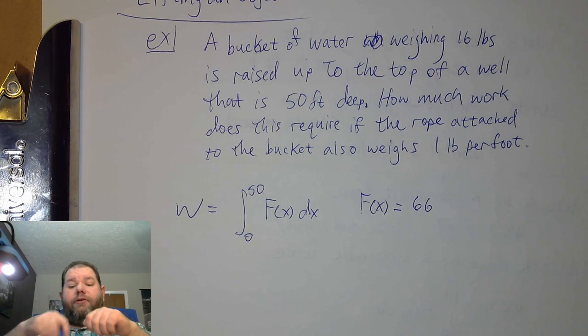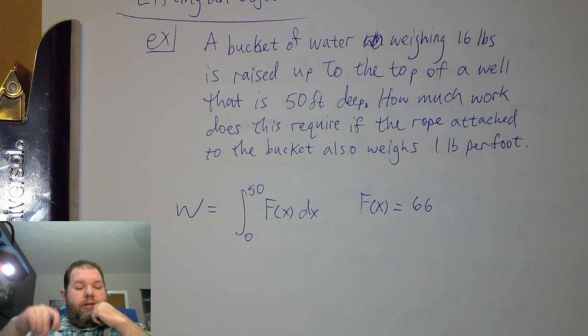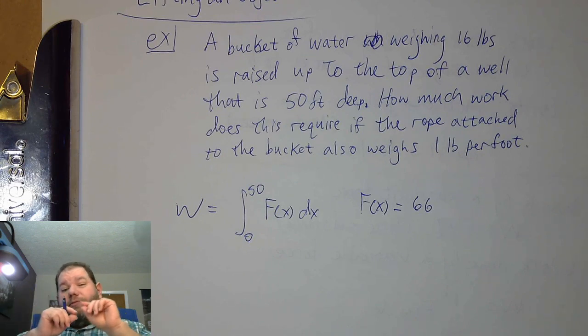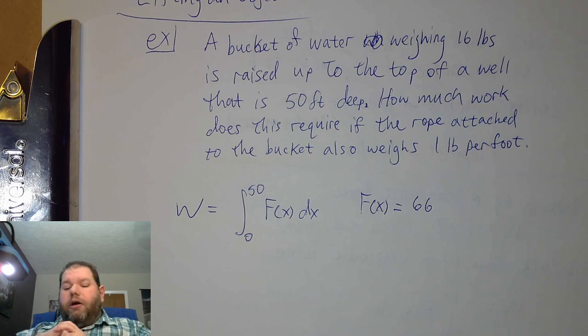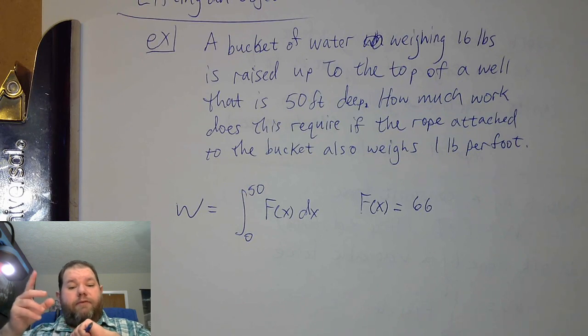Now, as we start to raise this bucket up, the amount of rope from the bucket to where it's being wound around this gear, or whatever you want to call it, is decreasing. So the length of rope that we have is gradually decreasing the higher up we raise the bucket.